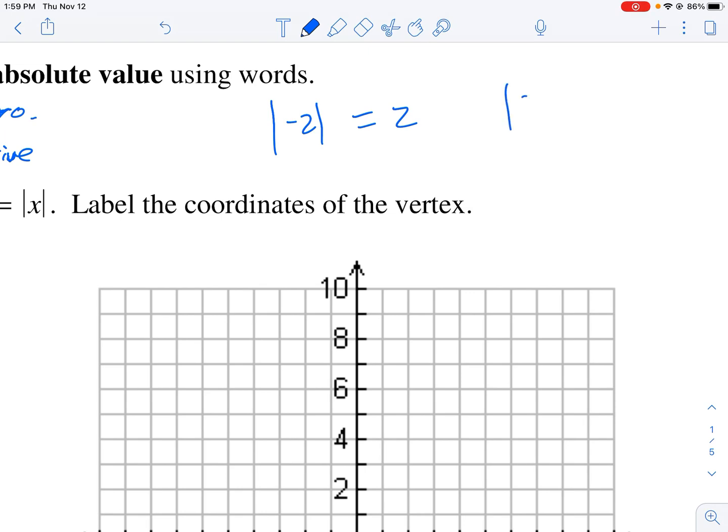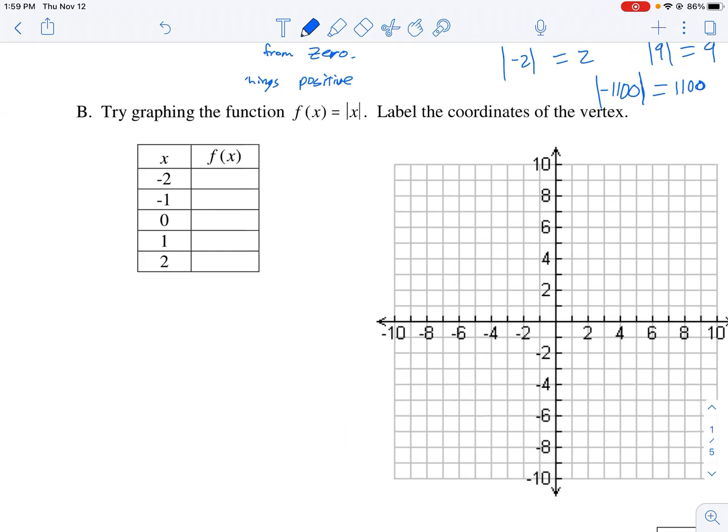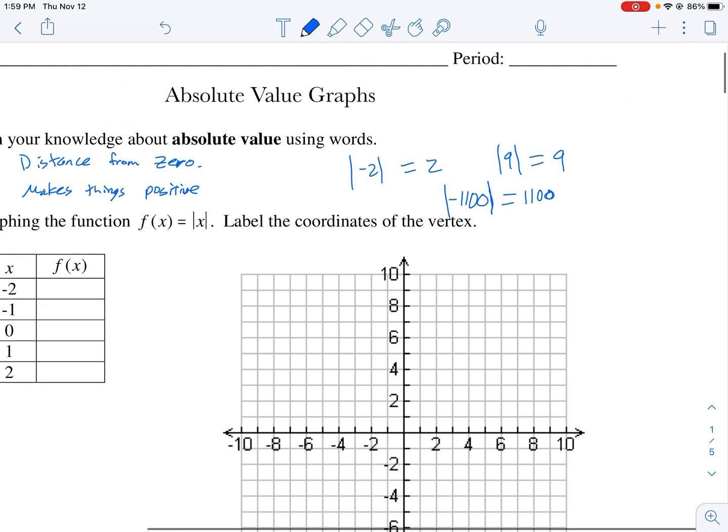Or the absolute value of 9 is just 9, because 9 is 9 away from 0. You can have -1100, and the absolute value of that is positive 1100, because it's 1100 away from 0.